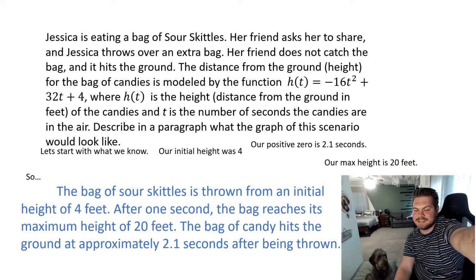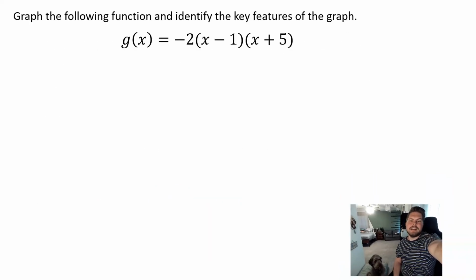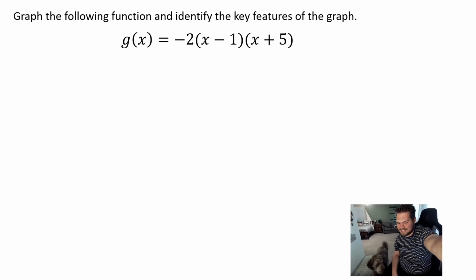So bear with us. All right, so now we're given g of x equals -2 times x minus 1 times x plus 5.